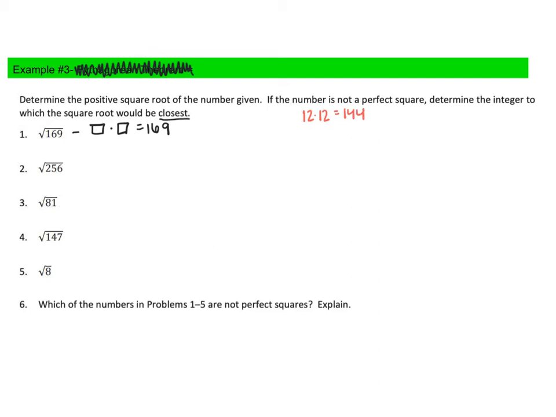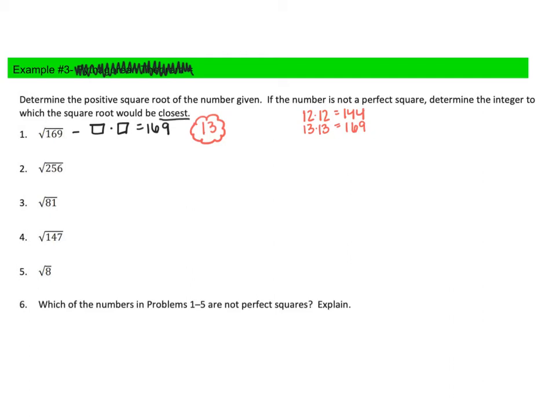Okay, and then I'll just move on from there. 13 times 13. Well, if I did that in my calculator, I found it. 13 times 13 is 169. So the answer here is 13. Okay. It's a perfect square.